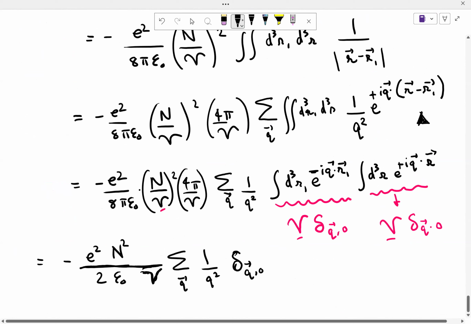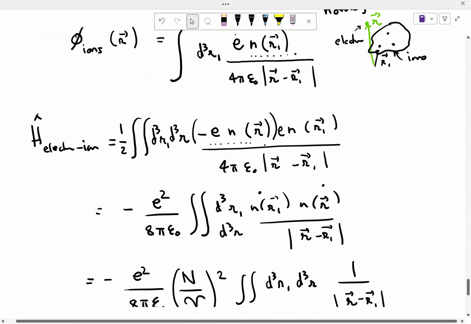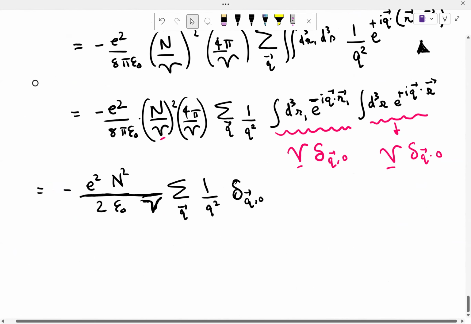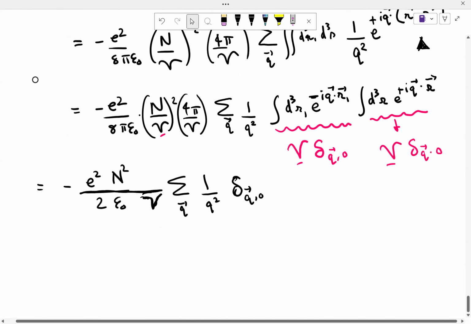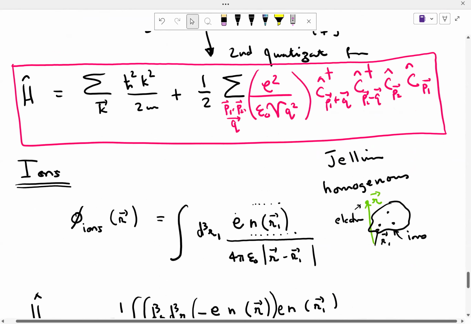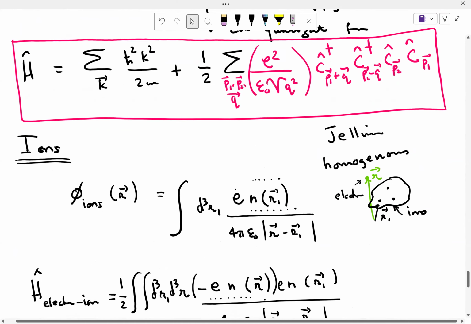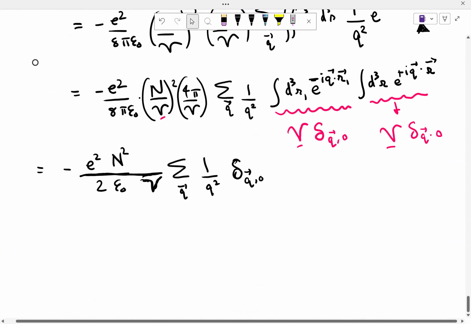So this is an additional term which arises due to the interaction between ions and electrons.